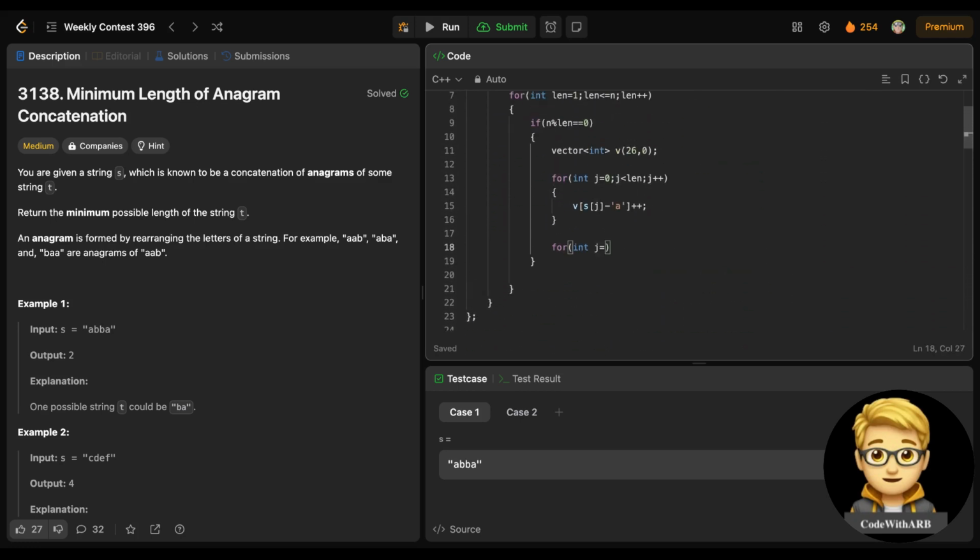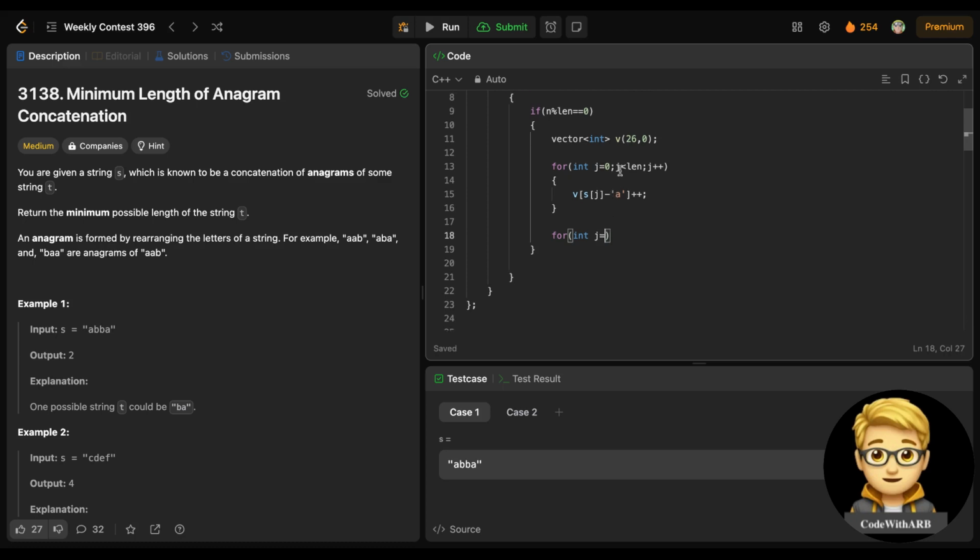So where will we start? We will start from this length part, right? Because we have already seen that this first segment is the reference to be matched. So we will start from this length, move till n, and increment by this length every time, right?